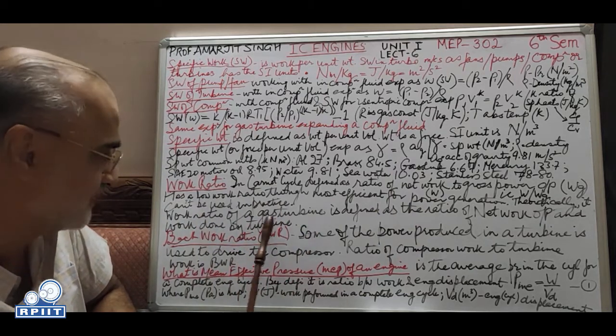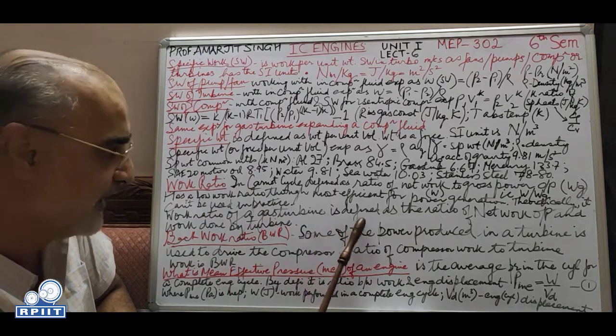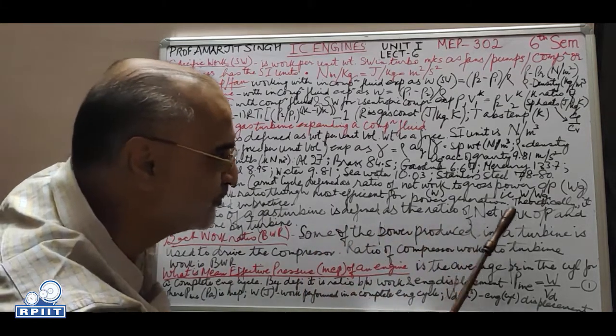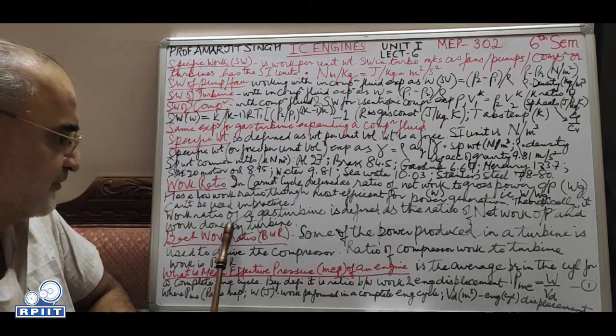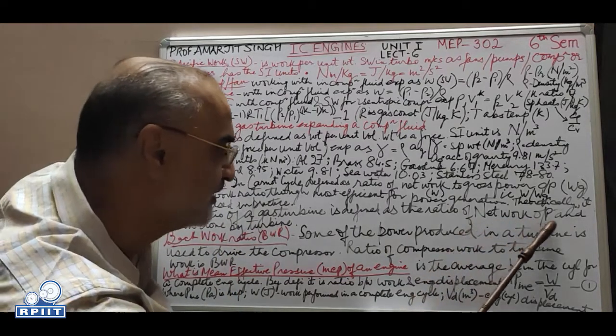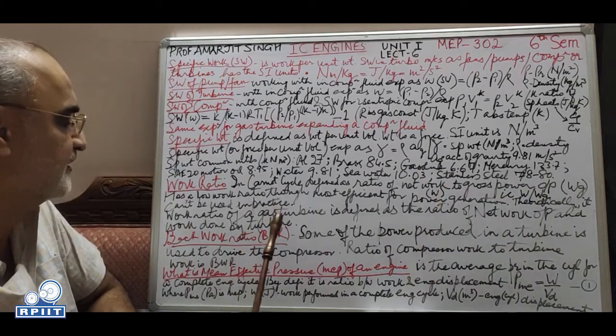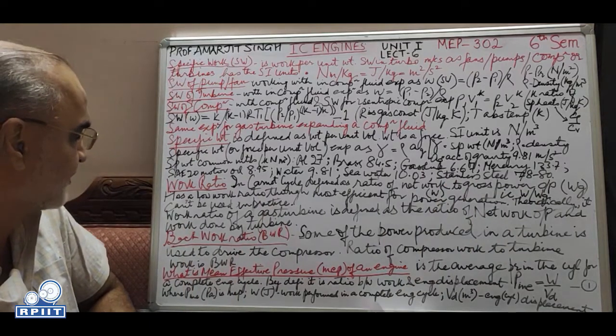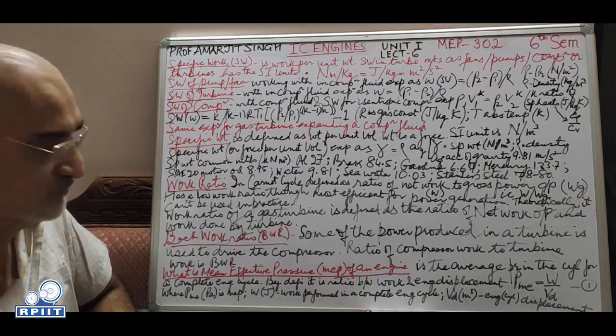work ratio of a gas turbine is defined as the ratio of net work output and work done by the turbine. There is something known as back work ratio also.